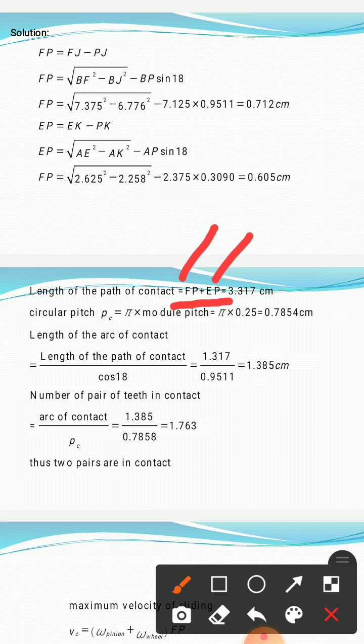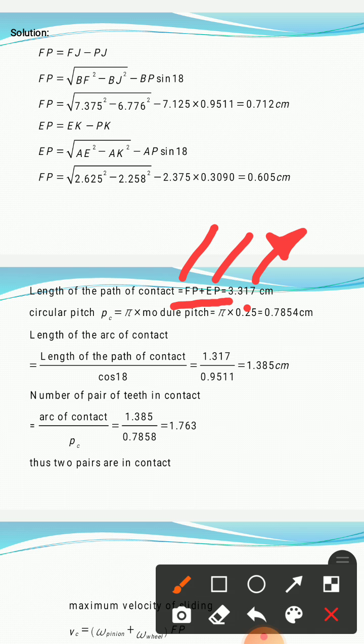Just put this value and you find out the path of contact. So in this example, we are discussing the consideration of the whole number of teeth and what the changes are in the other parameters. Here we find out the path of contact.